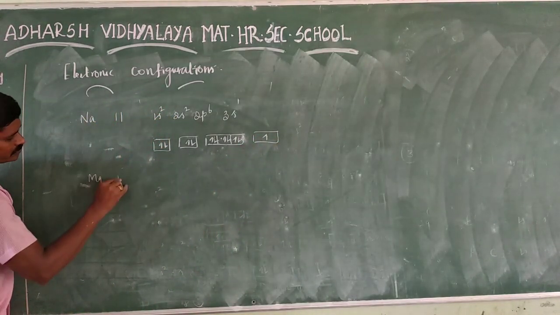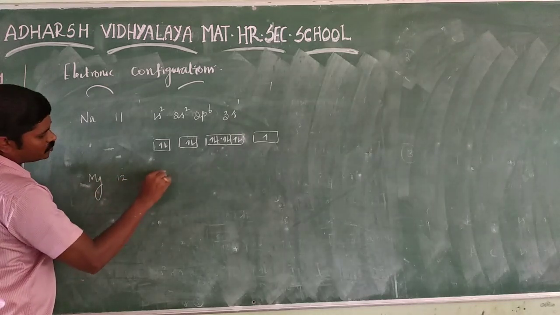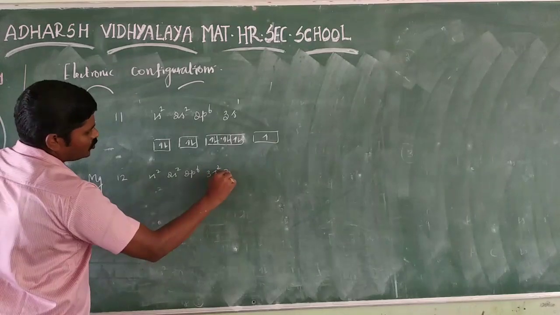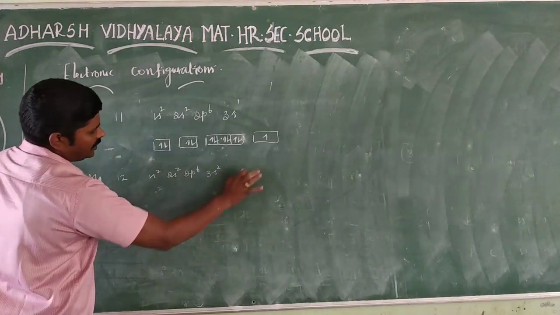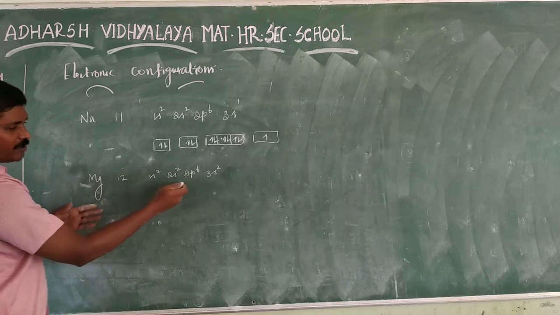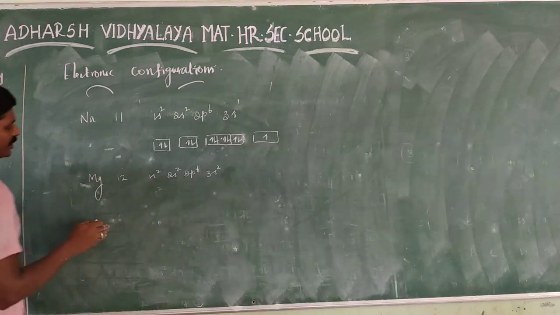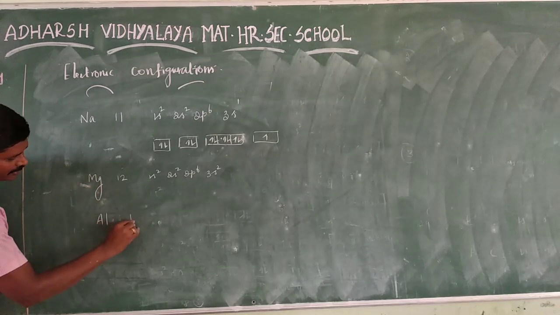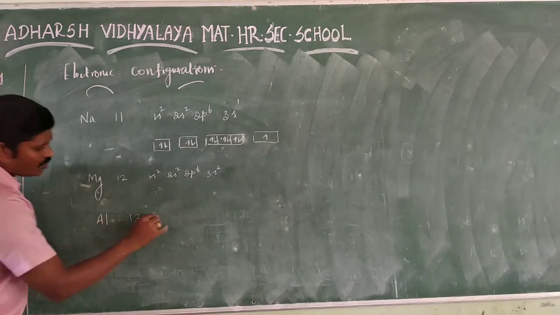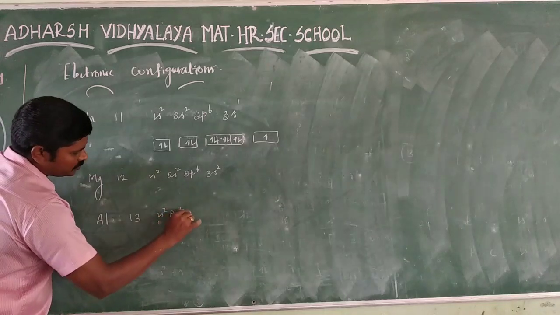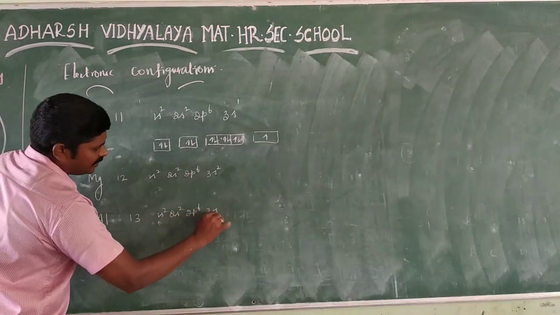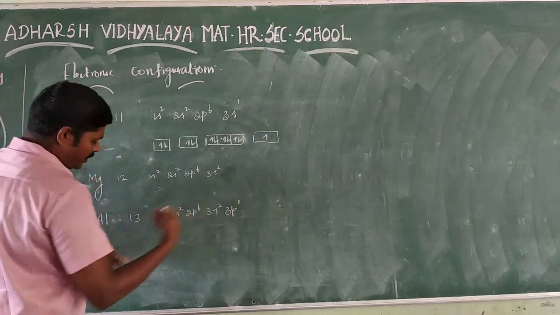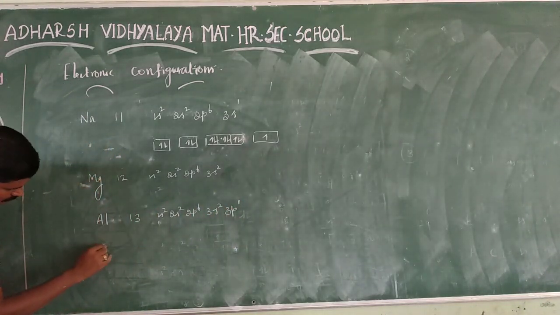Magnesium, 12: 1s2, 2s2, 2p6, 3s2. Magnesium is more stable, with completely filled orbitals. Sodium, magnesium, aluminum. Aluminum, 13: 1s2, 2s2, 2p6, 3s2, 3p1, according to the Aufbau principle.